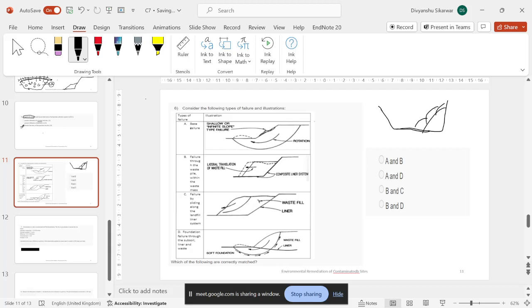So there could be base failure, where this will act as the rotation radius. This whole soil mass will displace from its position. Or there could be the failure of the waste which is present inside the landfill.